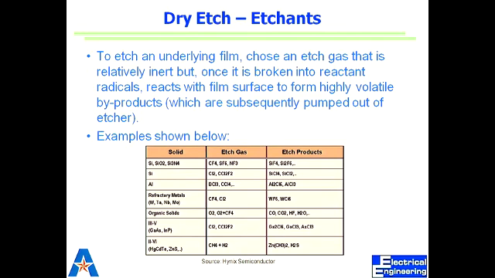The FC ratio is very important. Higher the FC ratio, higher would be the etch rate. That's the simple law: higher the FC ratio, higher would be the etch rate.